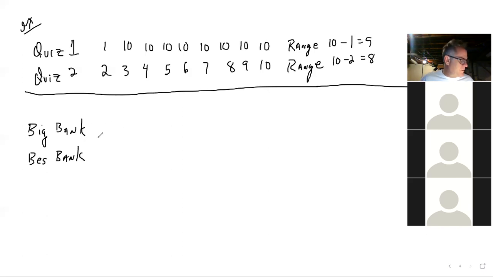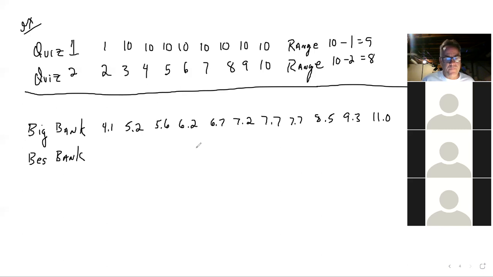All right, so Big Bank: 4.1, 5.2, 5.6, 6.2, 6.7, 7.2, 7.7, 7.7, 8.5, 9.3, 11.0. I have to write all these scores again; I wish I could do a cut and paste.